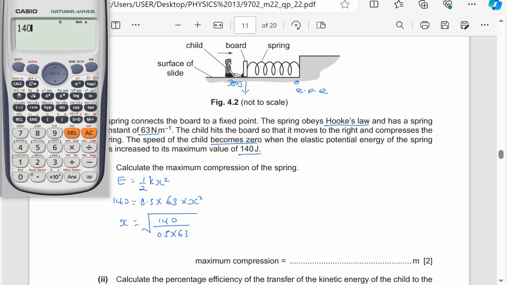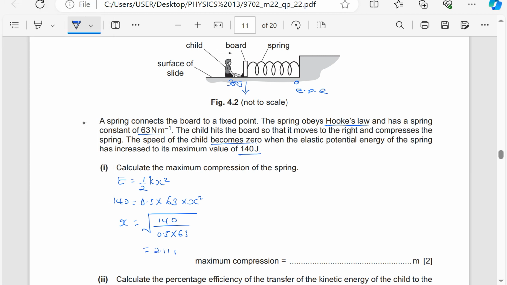So 140 divided by 0.5 times 63, square root. So x is 2.1 or 2.11 if you want. X is 2.11 meters or 2.1.